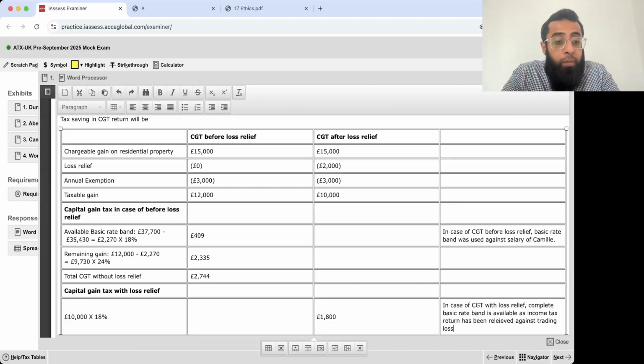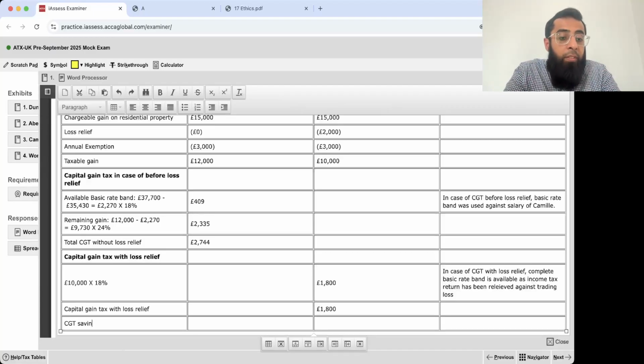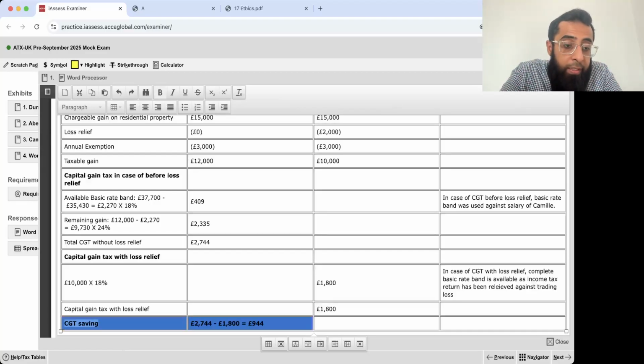So this is 1,800 pounds. CGT saving: 2,744 minus 1,800 pounds. Sir, will you repeat it again? Yes, I will repeat. I know that it is something where a student may get confused. So this is 944 of your CGT saving.